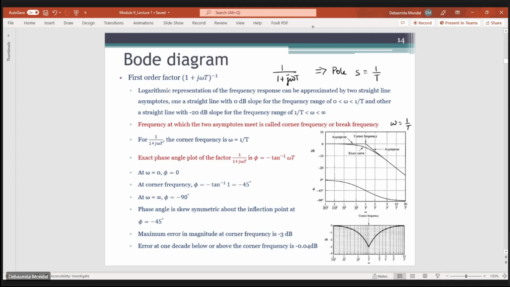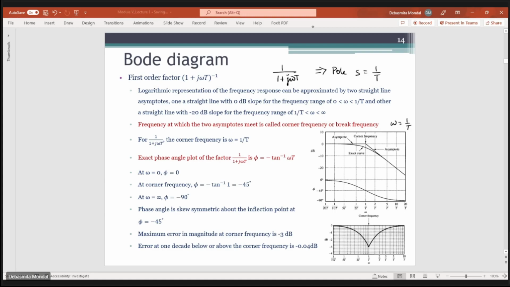At omega equals 0, the value of phi is 0. At omega equals infinity, phi is minus 90. So the phase curve will range between 0 degree and minus 90 degree, and at the corner frequency the phase is minus 45 degree.